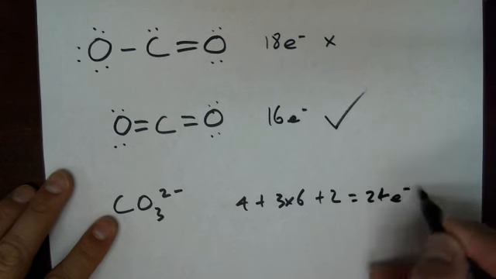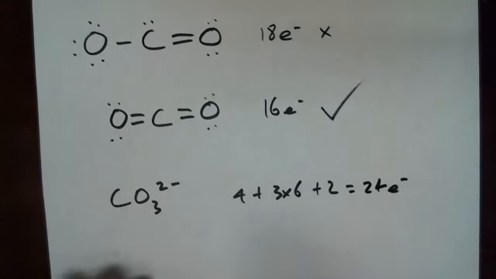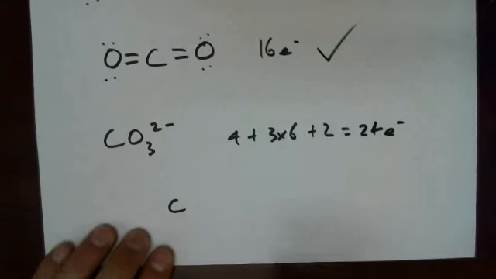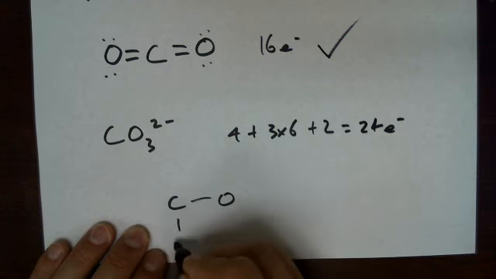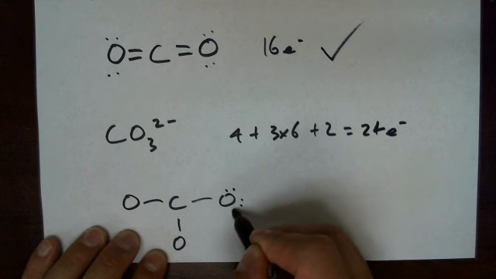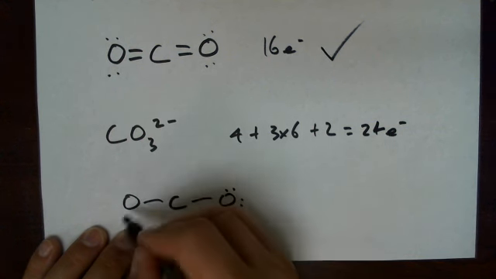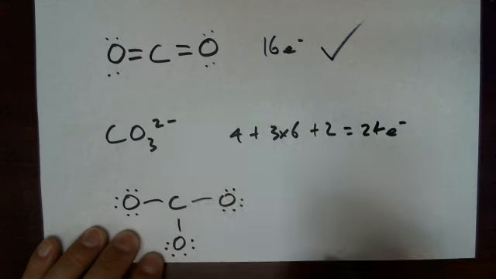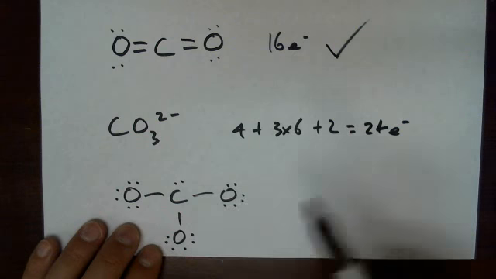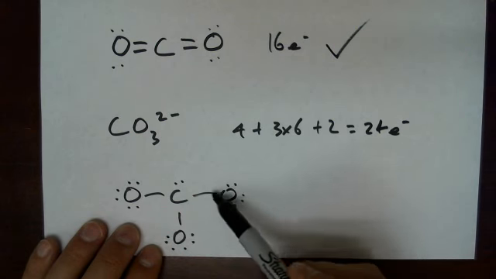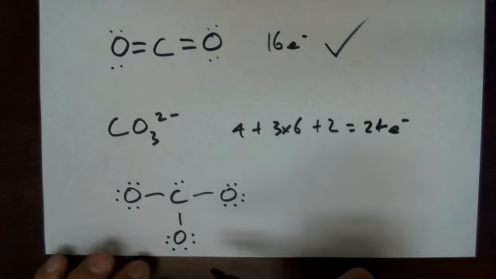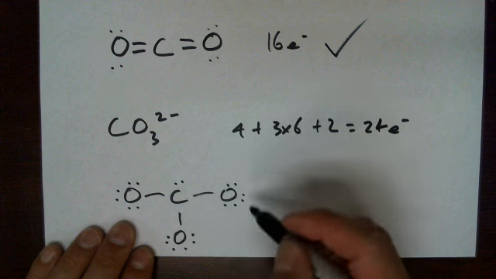And so we have a total of 24 electrons. And so we first draw the structure with the carbon in the middle because it's the least electronegative. And we put oxygens around. Then we give everything 8 electrons, and so we need an extra 2 here. So this carbon's got 2, 4, 6, 8. This oxygen's got 2, 4, 6, 8. Obviously the other ones do as well. And so then we add up all the total electrons we have, and this is actually 24.